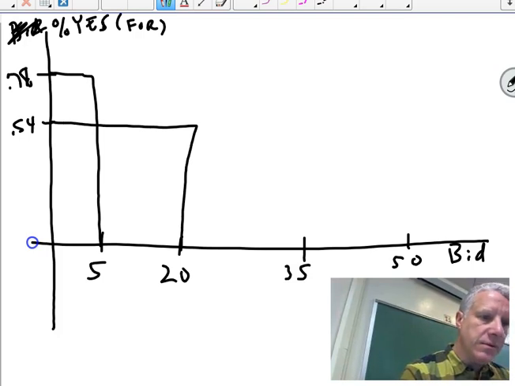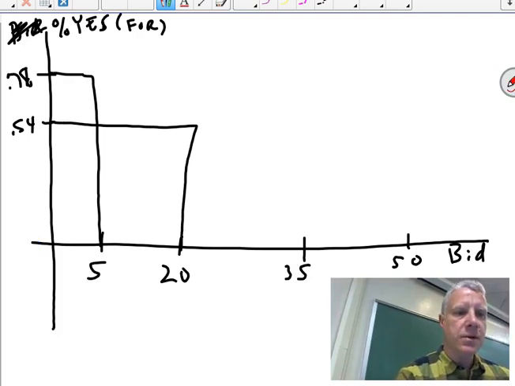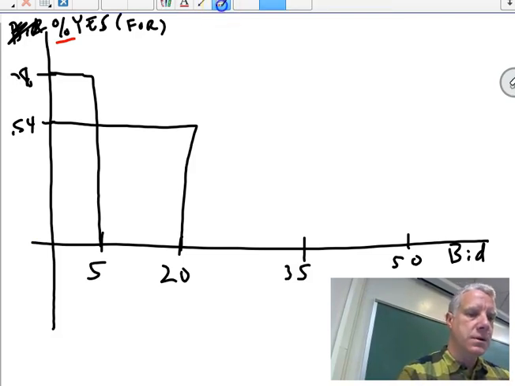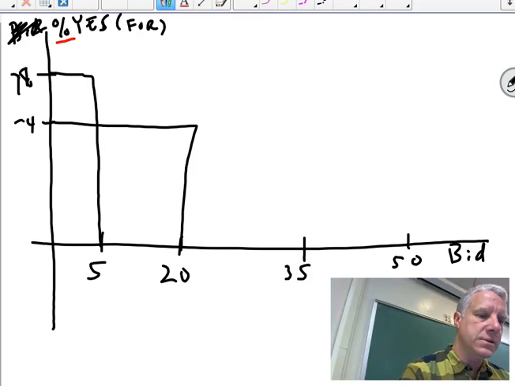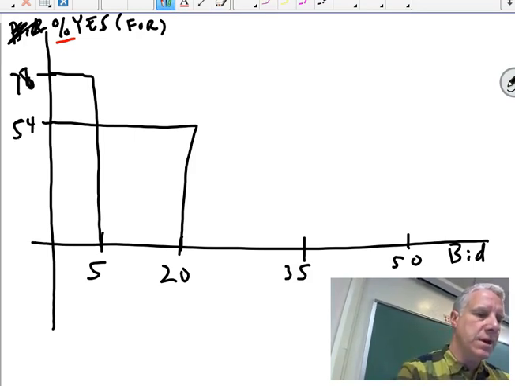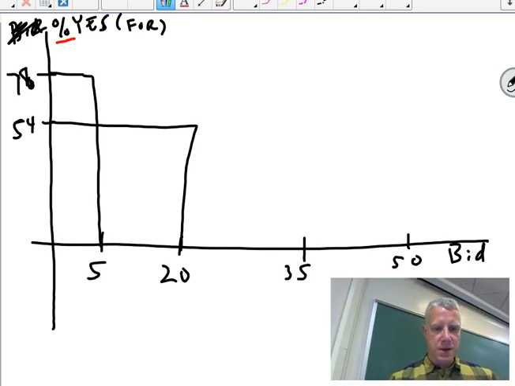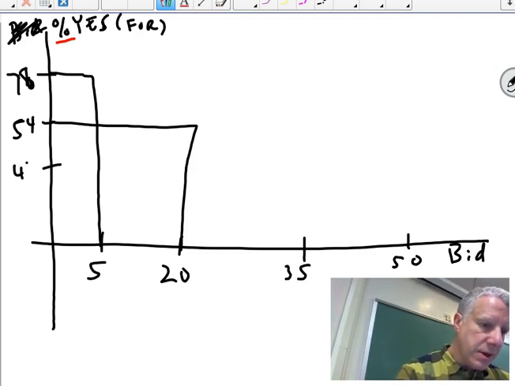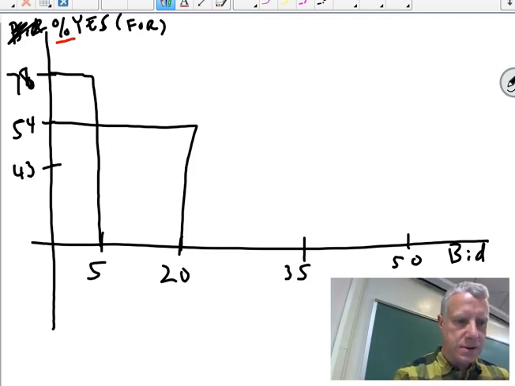And technically, if we're defining the axis as percentage yeses, then these numbers are whole numbers. So 78% yes, 54% yes when the bid goes to 20. When the bid goes to 35, we're at 43% yes.